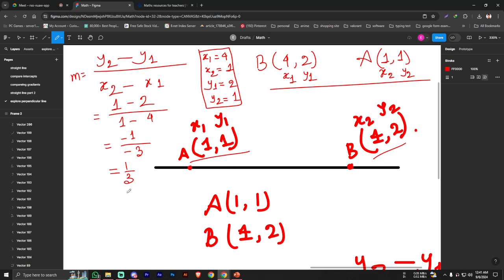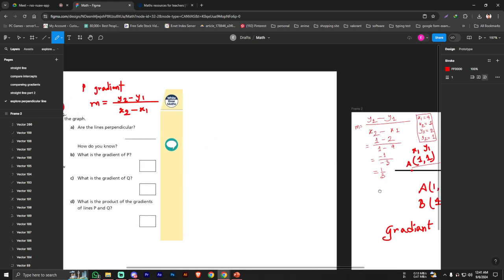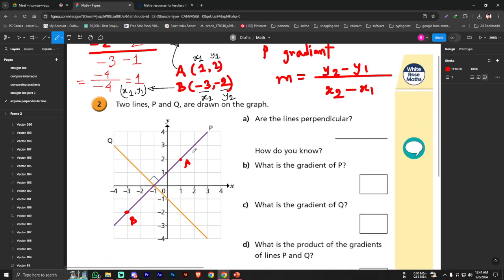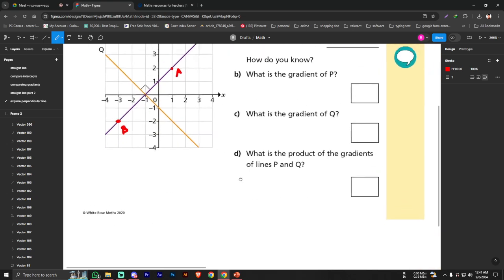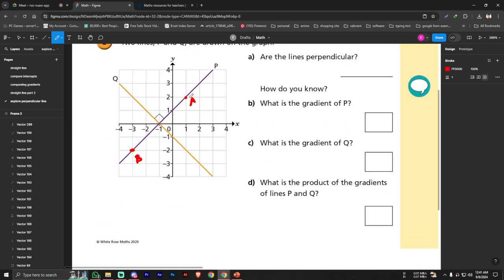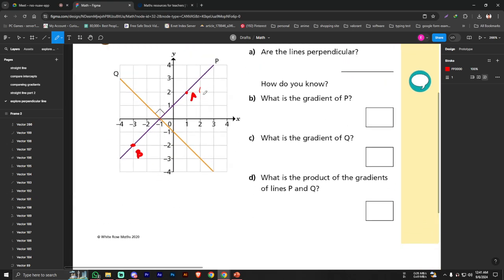Now you just have to put it in and calculate it. Let's do the same thing here. If you take the line here, what is the value of a? A is 1, 2, right?